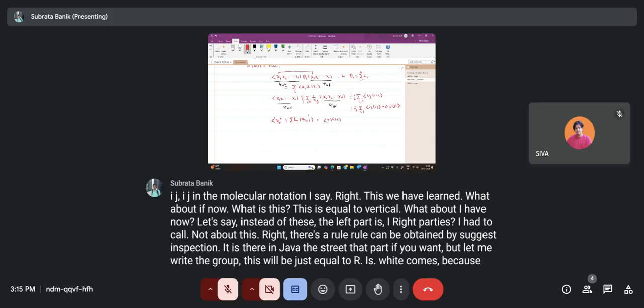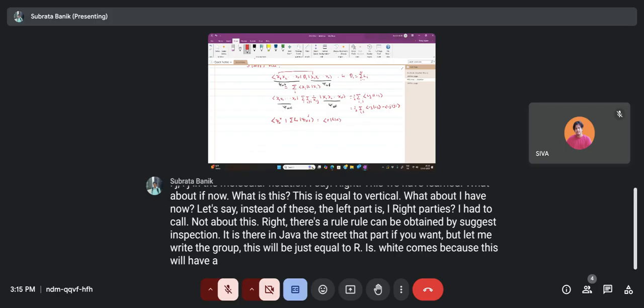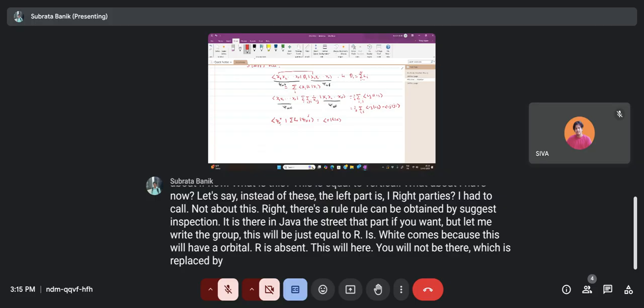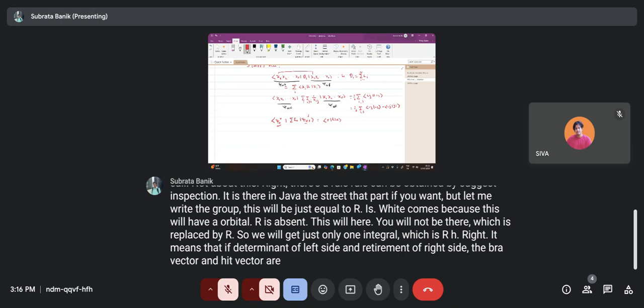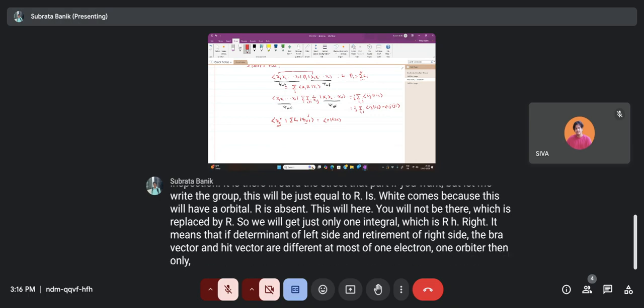Why does it come? Because this will have the A orbital. R is absent here, A will not be there, which is replaced by R. So we will get just only one integral, which is <R|H|A>. It means that if the determinant of the left side and the determinant of the right side, the bra vector and the ket vector, differ by at most one electron, one orbital, then only one term will be surviving.